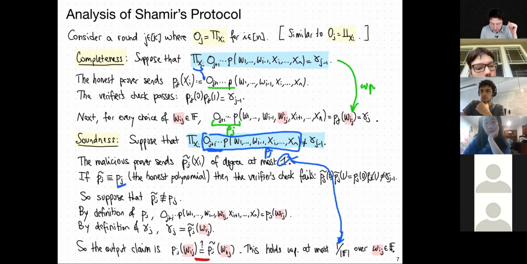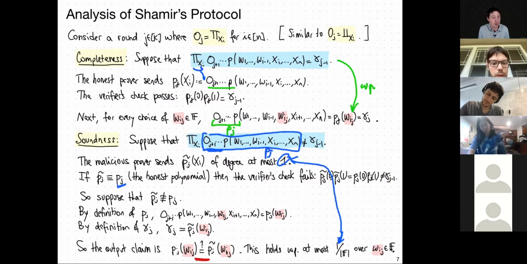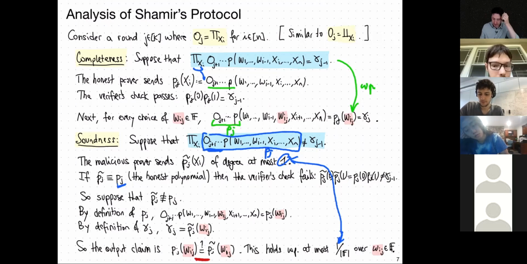We're saying, suppose that this expression doesn't hold. It is not the case that the left-hand side equals gamma j minus 1, whatever that is. Then if the prover sends this inner expression, the verifier is just completing the last operator and comparing against the right-hand side, but by hypothesis, these things don't equal. So the verifier will definitely reject. Okay, got it. Sorry, maybe I didn't say it super clearly, but I hope it's clear now.